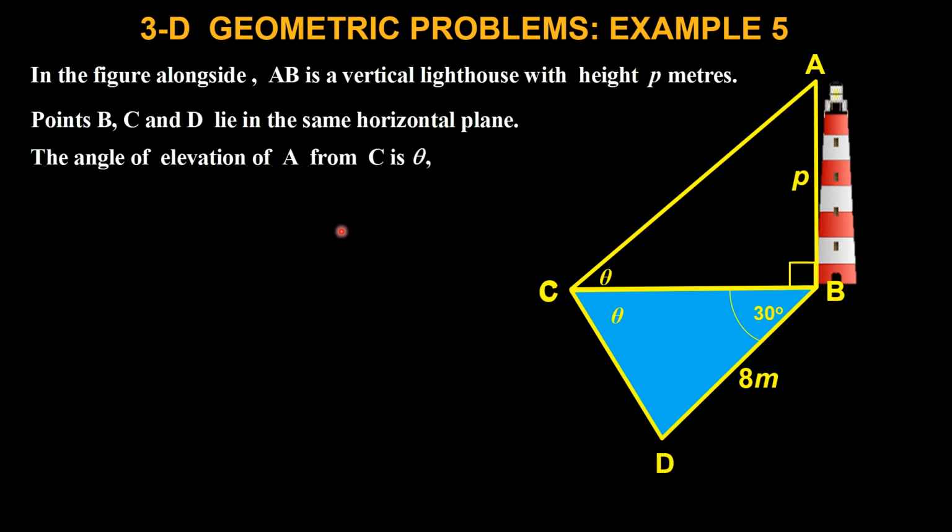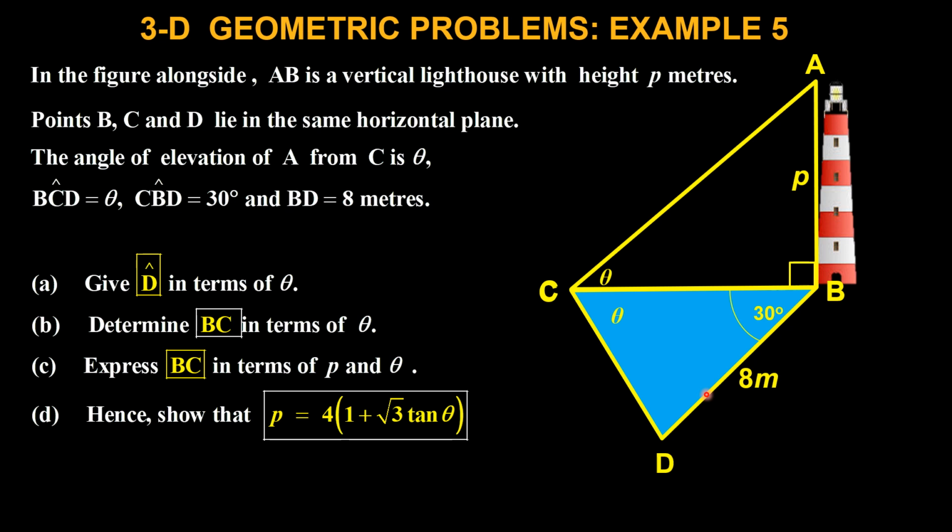The angle of elevation of A from C is theta, so that angle is theta. BCD is also theta, and CBD is 30, and BD, this length on the horizontal plane, is 8. So we understand that, and those are the questions we want to answer, so we'll do that in the next two slides.